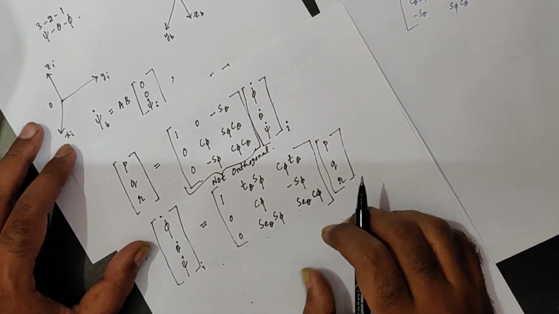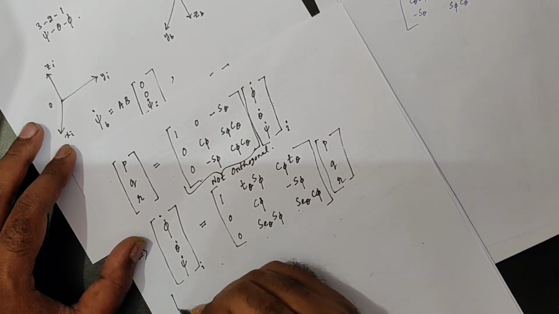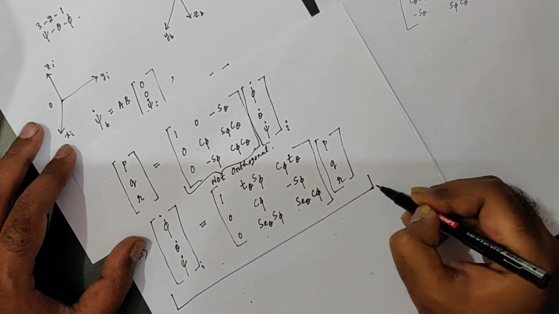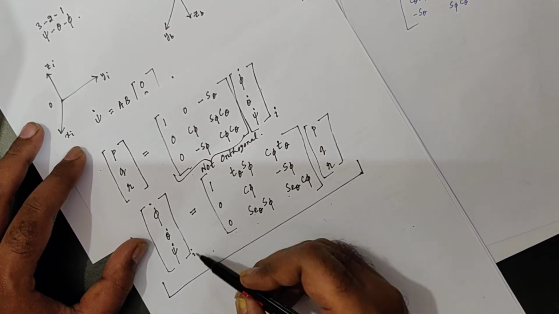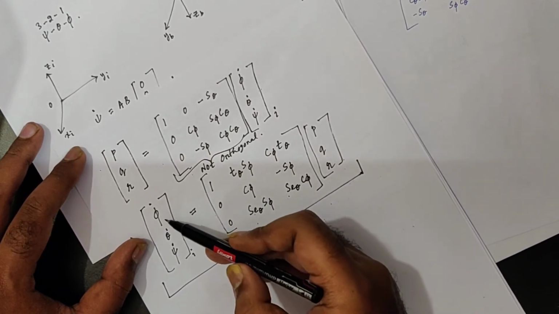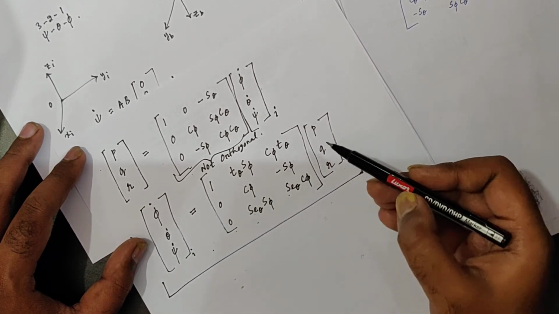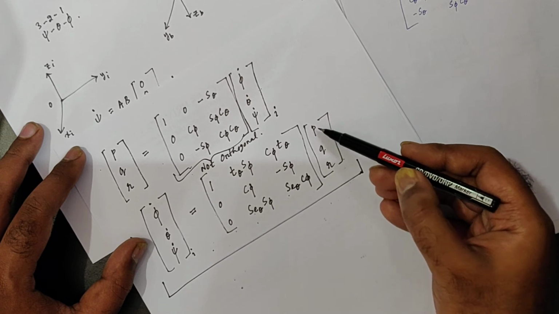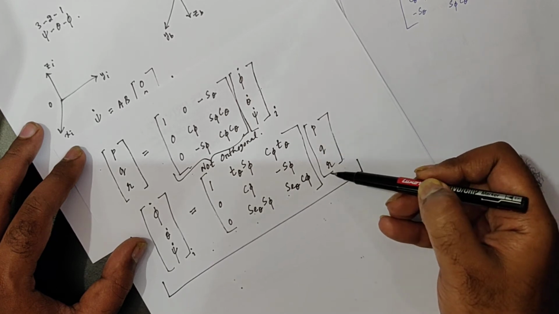This is a very important set of equations. It shows the relationship between the Euler angle rates in the inertial frame and the body-fixed angular velocities.